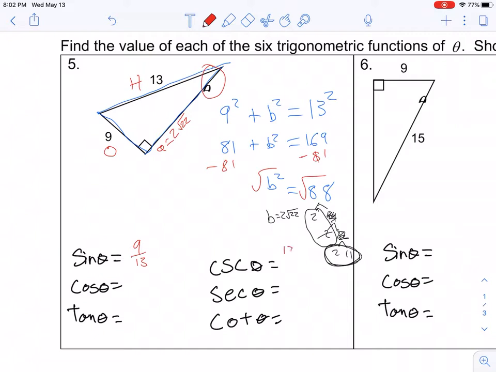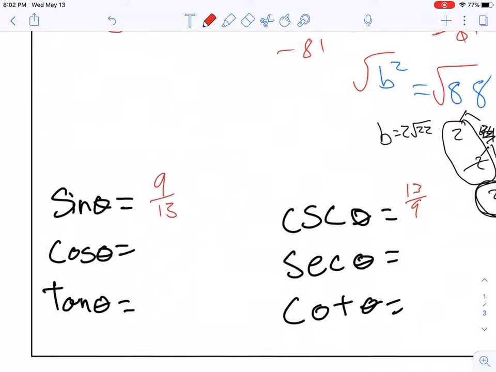So we're going to say 13 over 9. Okay, cosine, we're using adjacent and hypotenuse. So the adjacent over the hypotenuse would be 2 rad 22 over 13. There's no radical in the denominator, so I don't have to rationalize anything.